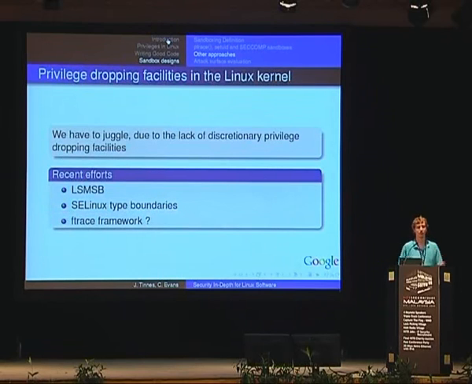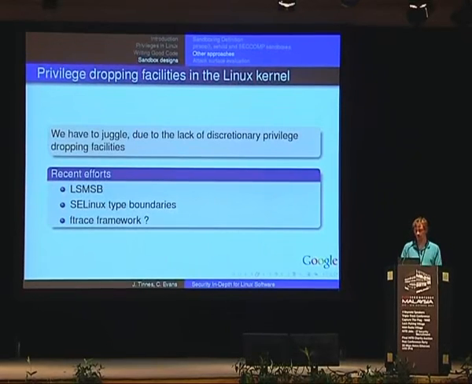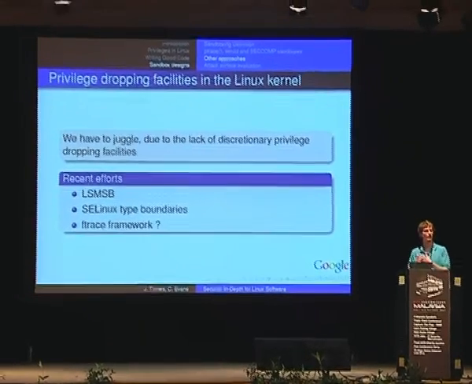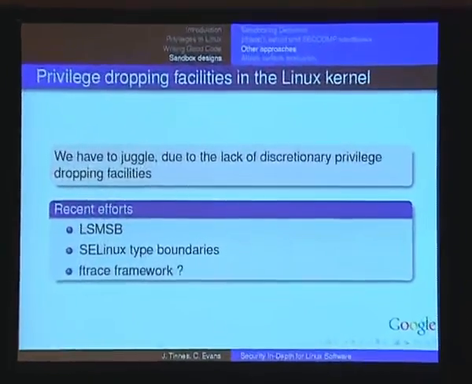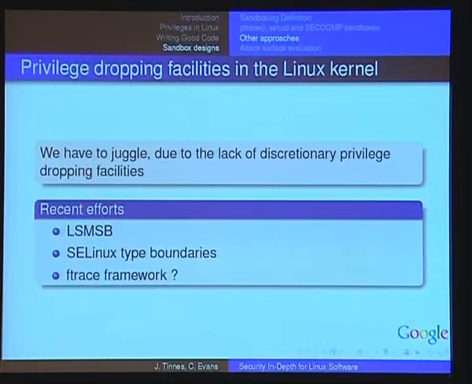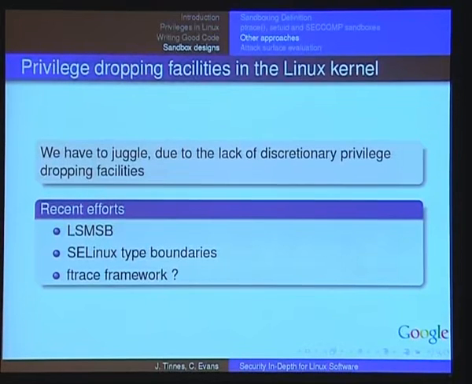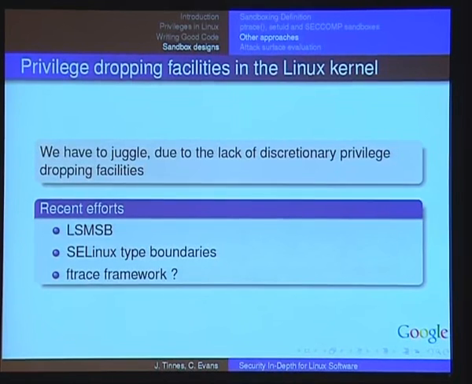There is some hope in the future to have real sandboxing facilities inside the kernel. So there was some effort by Adam Langley, who is also co-author of the seccomp sandbox. It was called LSM-SB, and he was trying to use the LSM security hooks inside the Linux kernel as a facility to be able to drop privileges. So for every hook, you could say, okay, whenever I trigger this hook, I want access to be denied.